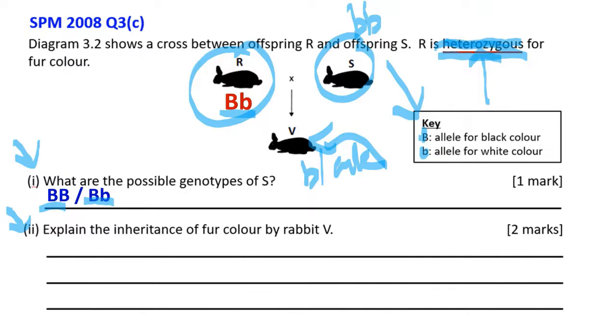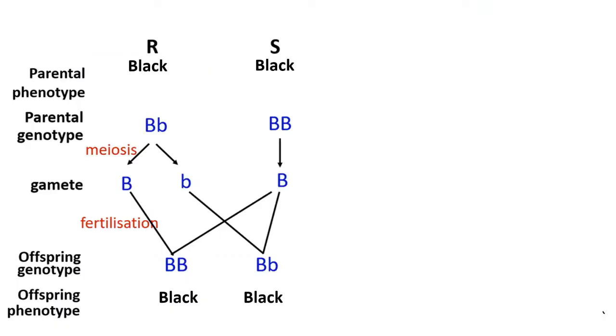But now the question wants you to explain it in sentences. Writing a genetic diagram is easy, but you have to make sure all the data is correct. But how to explain in sentences? Actually, just refer to the info in the genetic diagram and use the words in the genetic diagram.